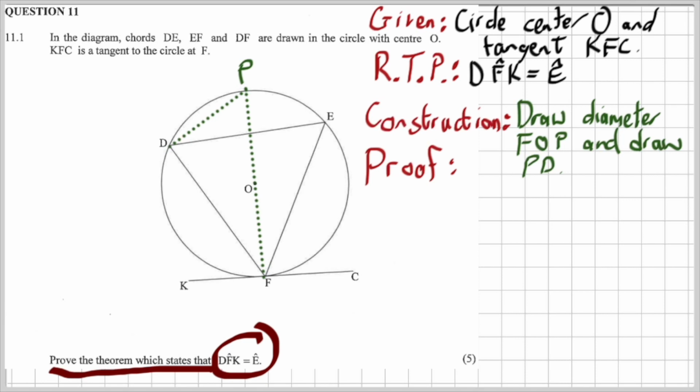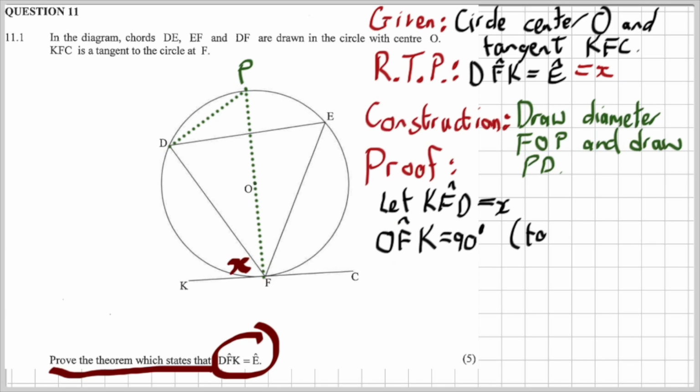So what is going to be my strategy? I love to start with what do I want to prove. Let's make angle KFD, or DFK, equal to x, simply for ease of use. So in other words, we now want to prove that both of these are equal to x. If I can prove that, then I've proved my theorem. So first of all, let's mine the information. I have a diameter, okay?